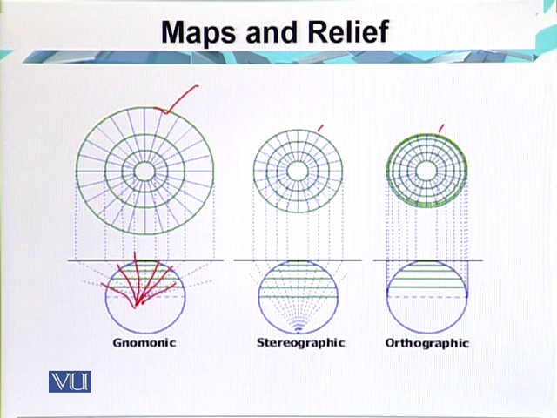Now in stereographic you have the same thing but in different positions of longitudes and latitudes. And again in orthographic projection, the areas which are closer to the equator have a smaller interval between two latitudes than the interval closer to the poles, which is larger.